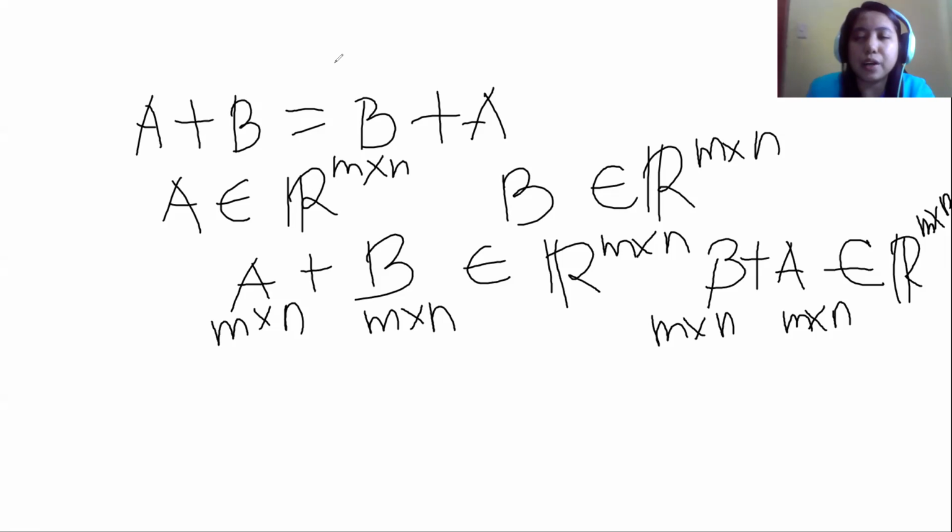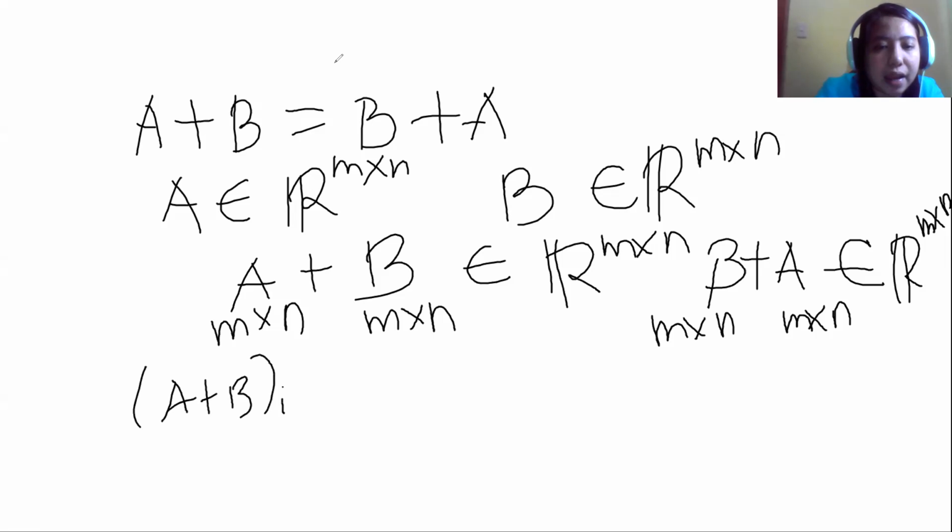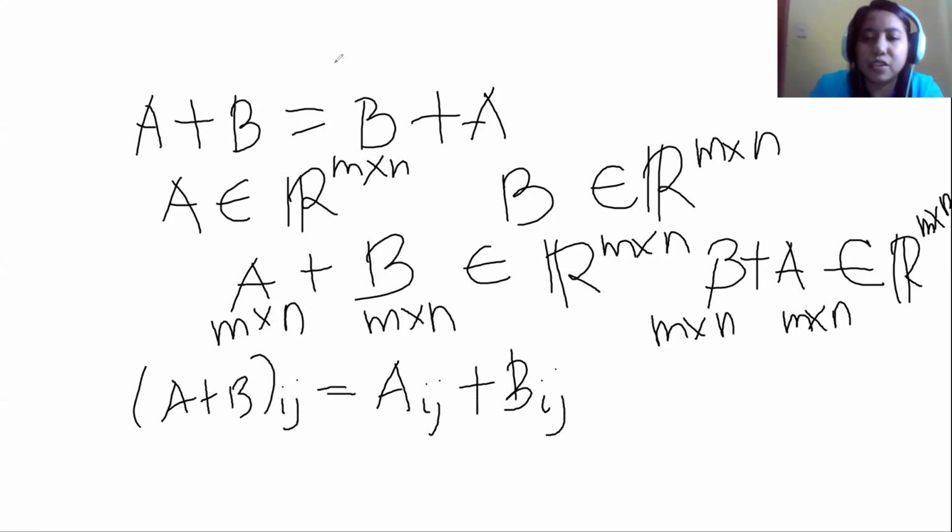To show that, we are going to use the definition. In our definition, we have A plus B, the entries of the sum, ij, which is equal to A sub ij plus B sub ij. Since the result is real numbers, A sub ij and B sub ij are real numbers because they are elements of the real numbers.